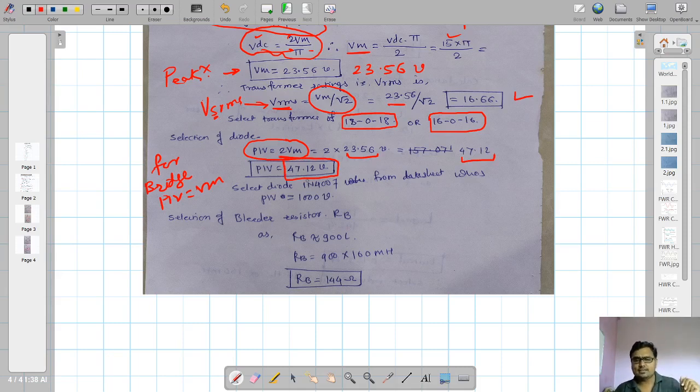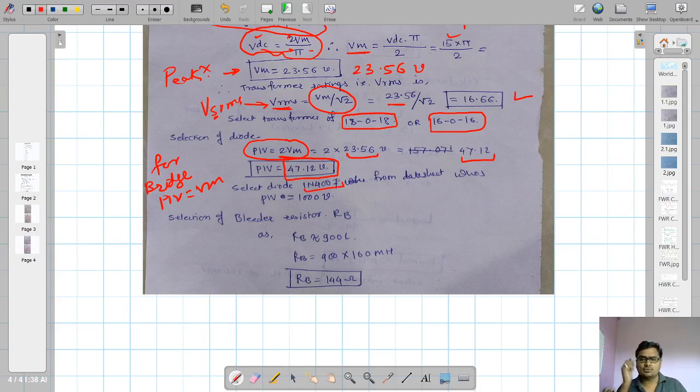Right? We have to select a diode whose PIV is more than 47. PIV is one of the parameters, one of the specifications, specified in the data sheet of a diode. So that's why now search for a data sheet. Select a diode whose PIV is more than 47. So I got one diode, that is 1N4007. This diode has PIV greater than 47.